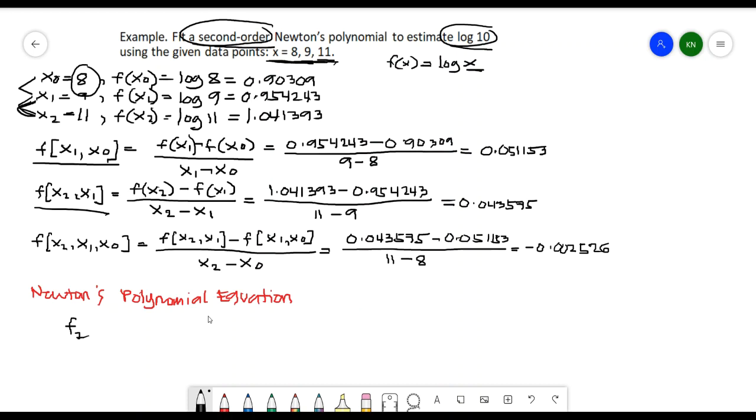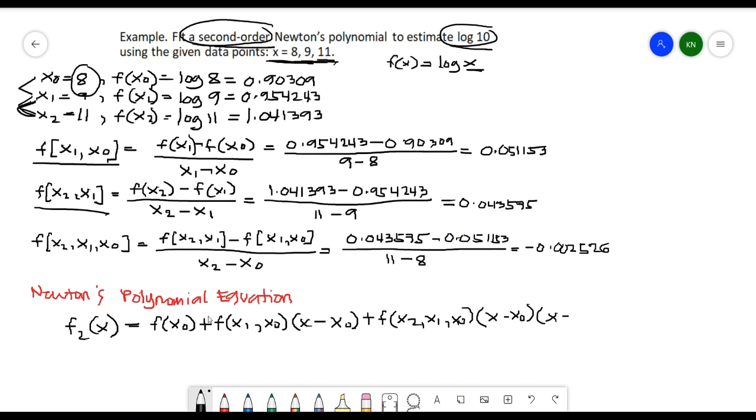So we have f sub 2 of x equals f of x sub 0 plus f of x sub 1, x sub 0 multiplied by x minus x sub 0, plus the second divided difference, f of x sub 2, x sub 1, x sub 0, multiplied by x minus x sub 0 and x minus x sub 1.